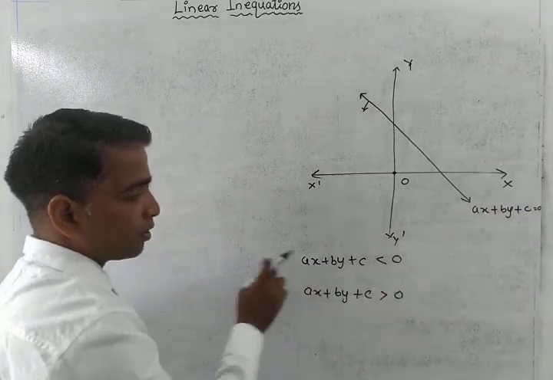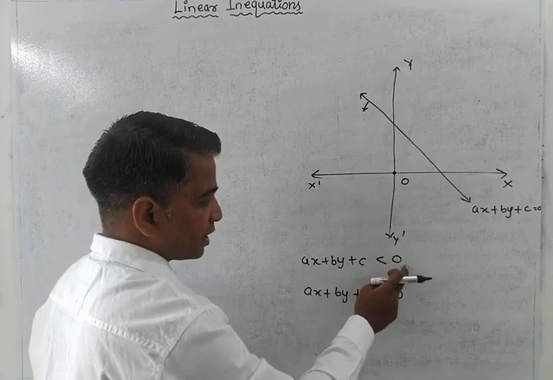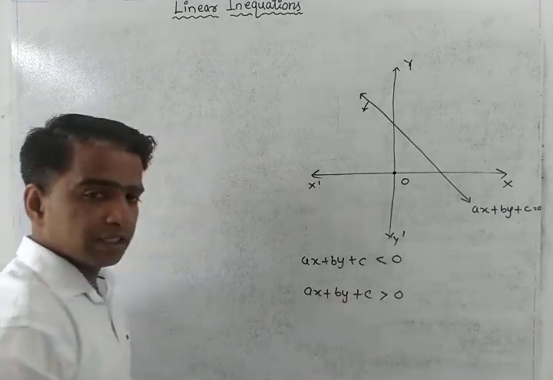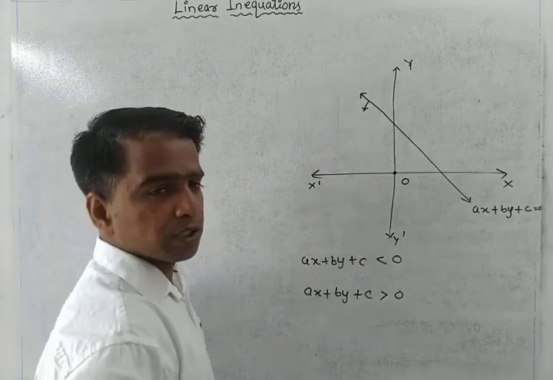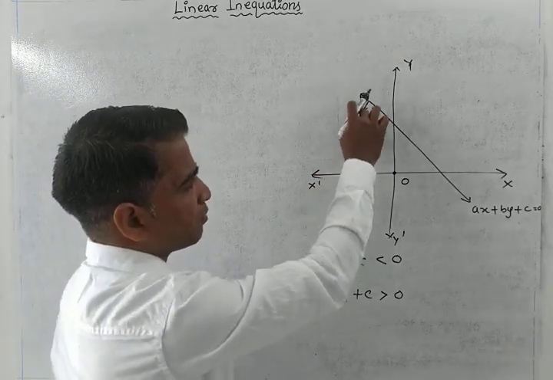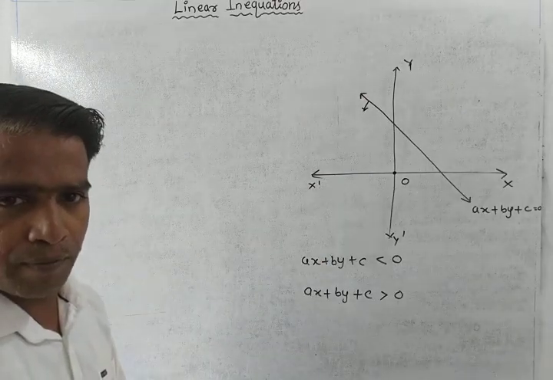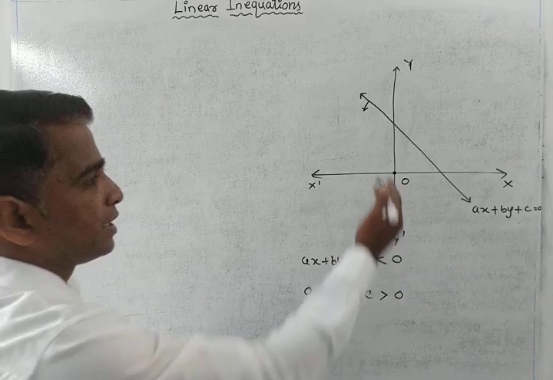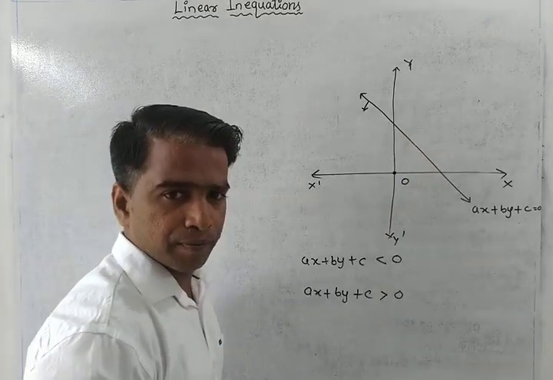But we are talking about linear inequations, either this expression less than 0 or greater than 0. For this we have to be clear which face of the line is towards the origin. So I marked one small arrow that shows the face towards the origin. With respect to that, this line cuts the plane into the part towards the origin and the part opposite to the origin.